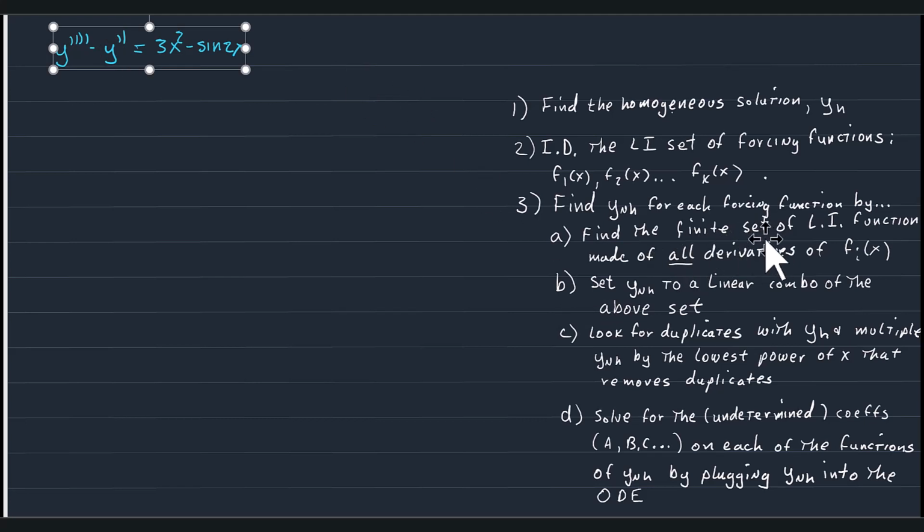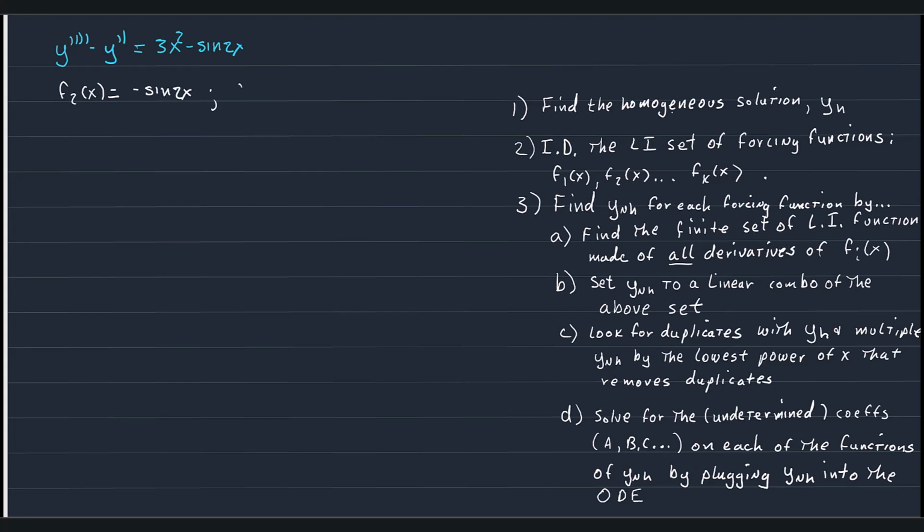So here we have to find the finite set of linearly independent functions made of all derivatives of this forcing function. Our next forcing function is f2 of x is equal to minus sine 2x.